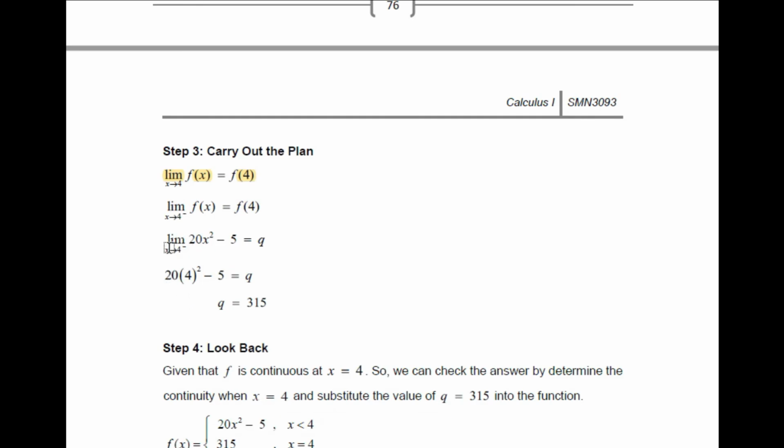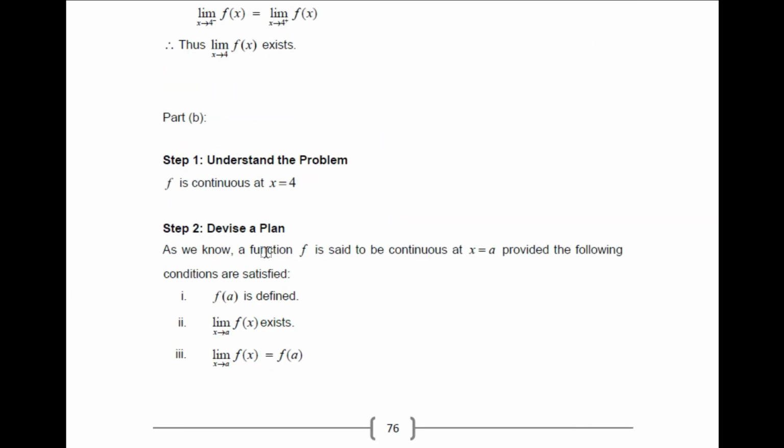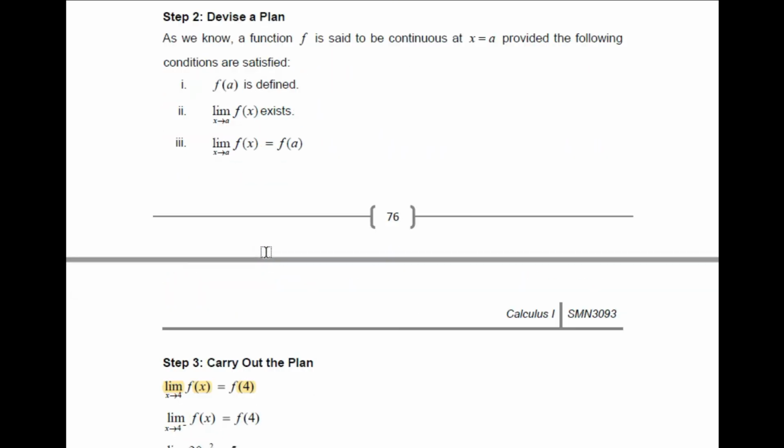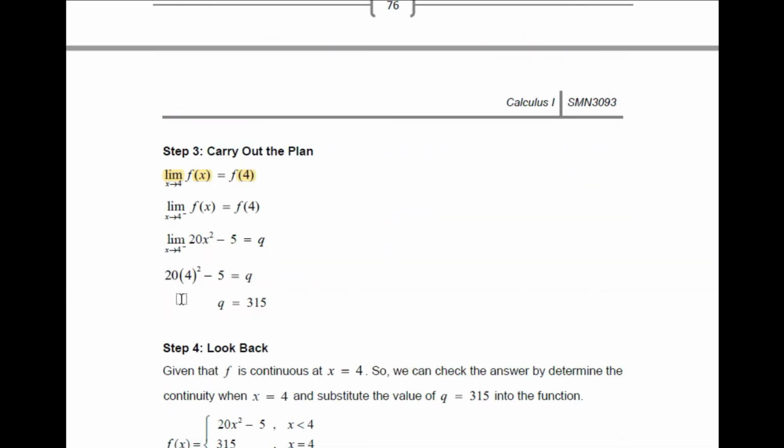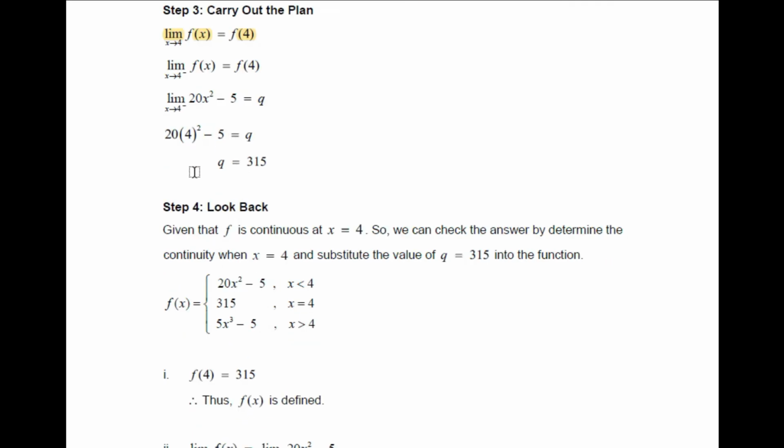The applicable formula as x approaches 4 from the left is 20x squared minus 5, and f(4) is equal to q. So we solve this limit and we got the value of q, which is 315. So it is the answer for this part.